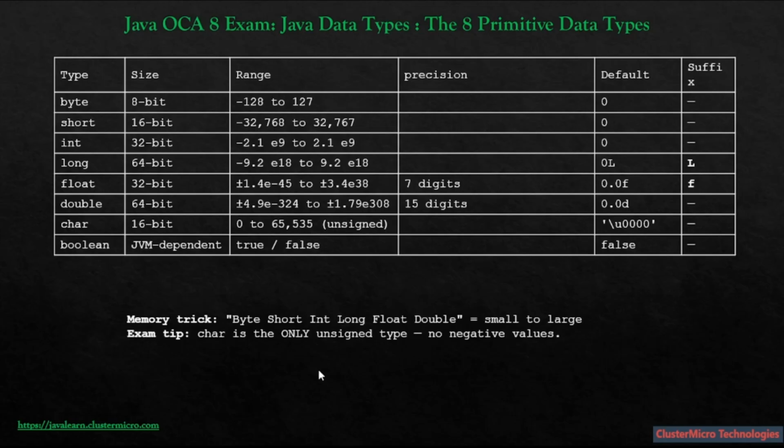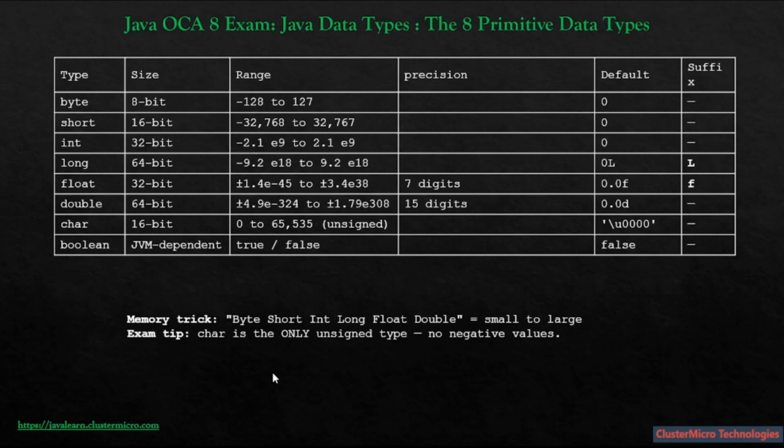And they all have default values, if they are static or instance. So byte is 0, short is 0, int is 0, long is 0L, it has a suffix L. Then float is 0.0f, and double is 0.0d, and char is within quotes \u0000, four zeros, and boolean's default value is false.